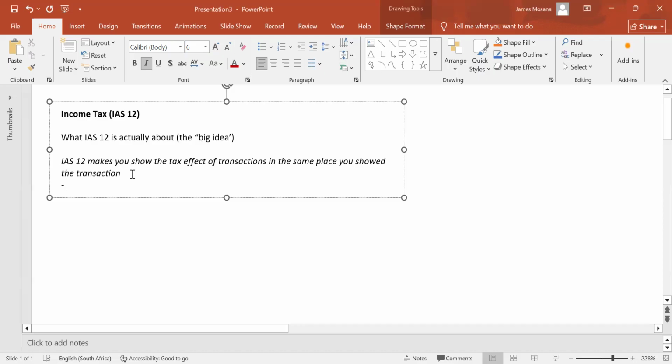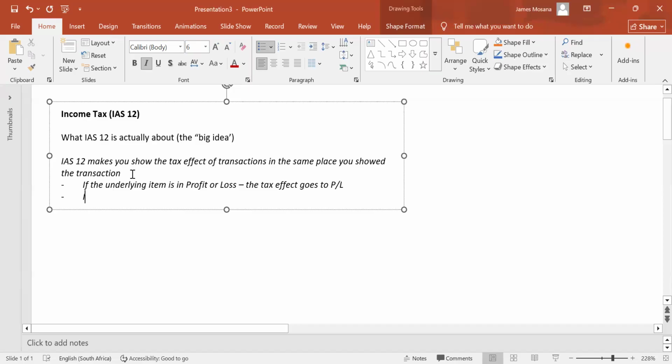So now, basically, what this statement is saying is that if the underlying item is in profit or loss, the tax effect goes to P&L.